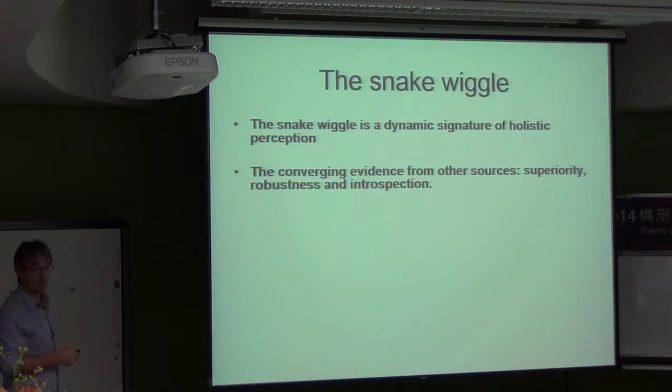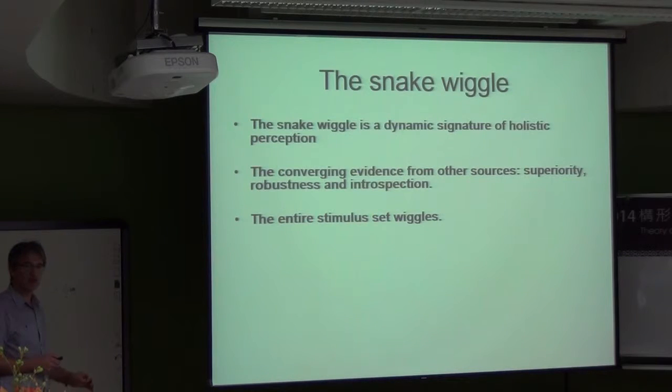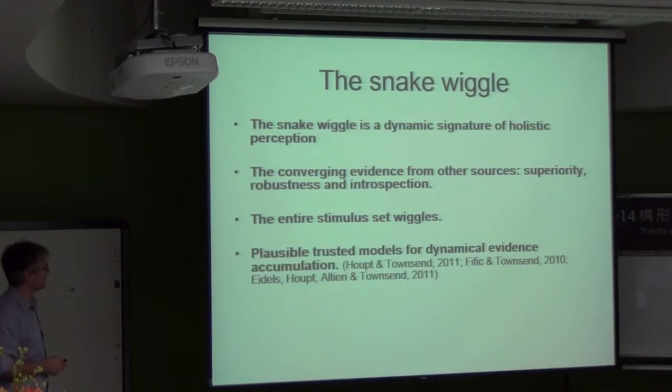There is converging evidence to believe that this change is a transition from analytic to more holistic processing, through the superiority effect, the robustness across many participants, and introspection also indicating that something is going on. The entire stimulus set wiggles, so it's not only one subject. Most of them show the typical change.